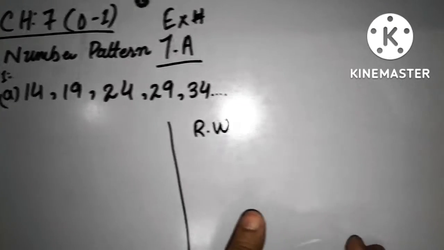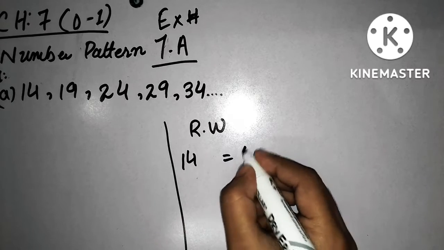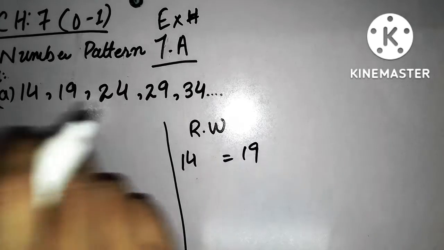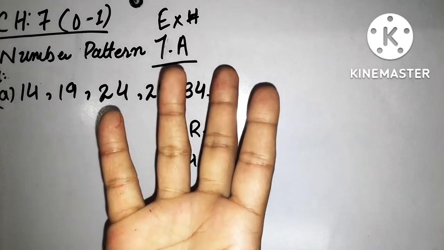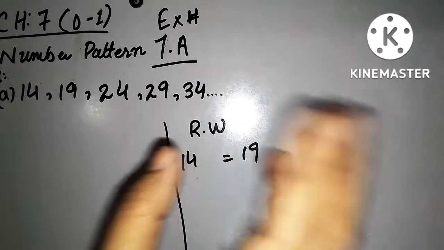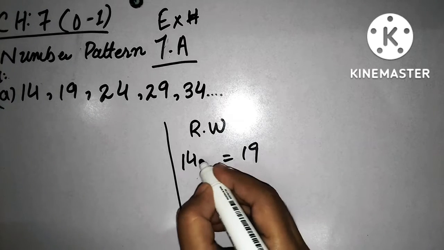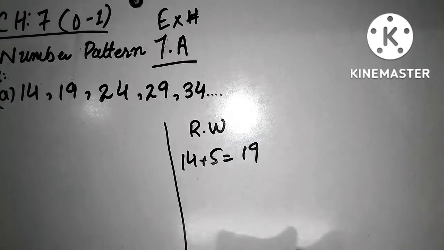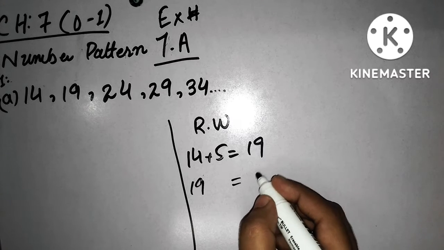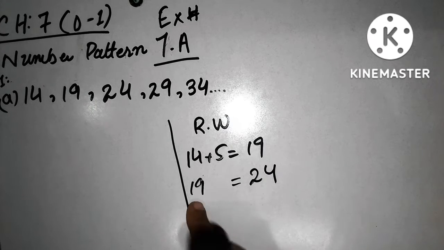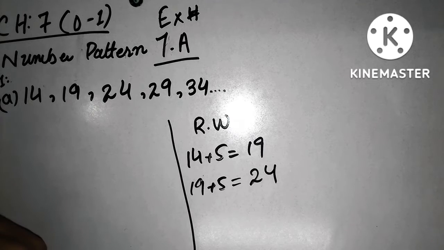In the rough column, you can say which number should be added to 14 to make it 19. So let's count: 15, 16, 17, 18, 19. So how many numbers? 5 will be added to 14 to make it 19. Check the second number again: 19 plus 5 is also 24.